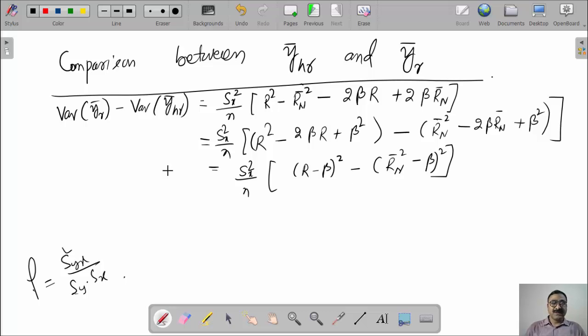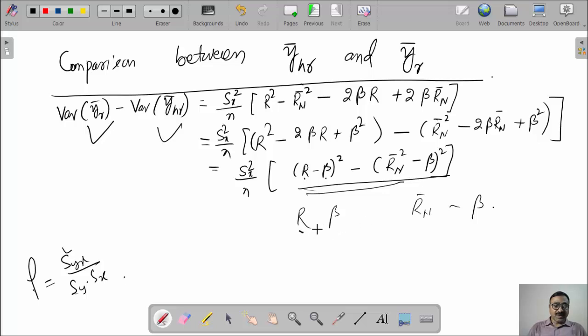Now from this, the preference of the ratio estimator or the Hartley-Ross estimator depends upon this term. That means whether R is close to beta or Rn bar is close to beta.